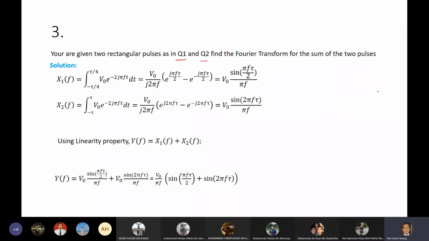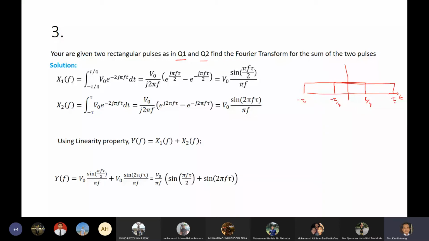So basically the question is like this. This is t. You have one from minus tau over 4 up to tau over 4, and another one from minus tau to tau.